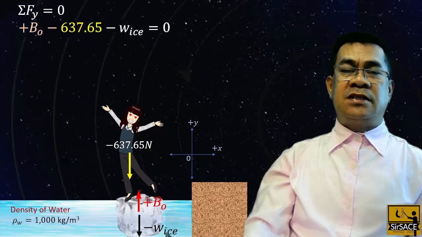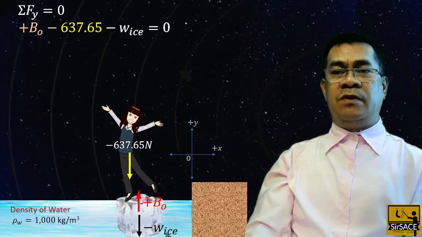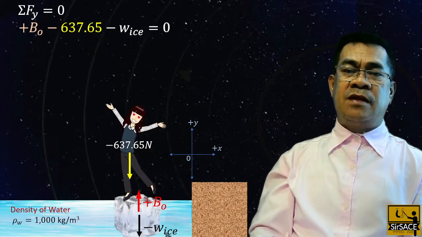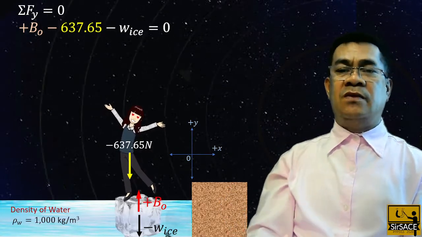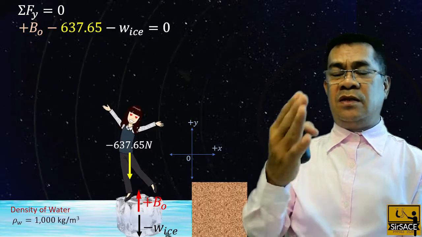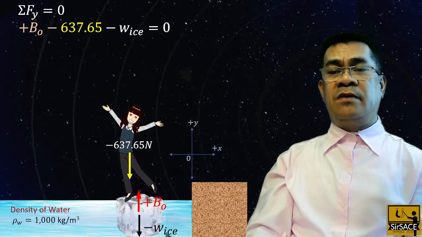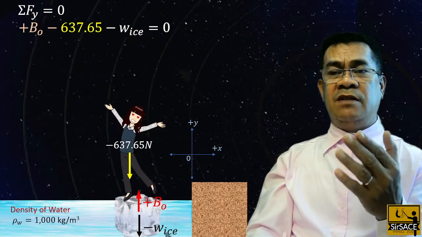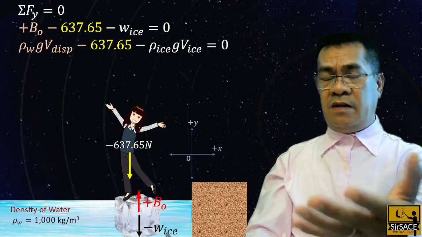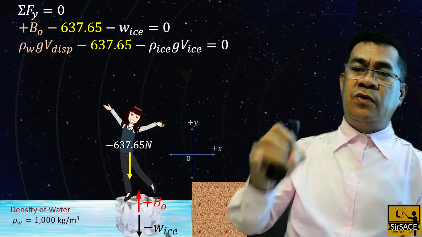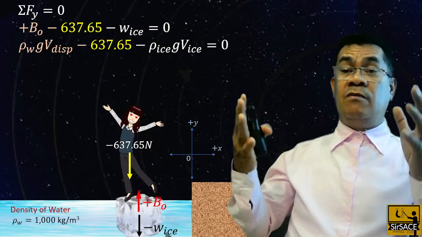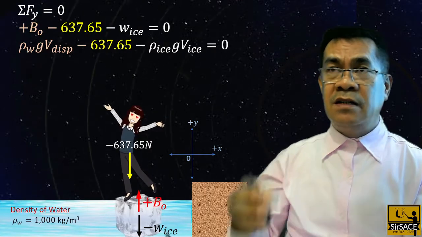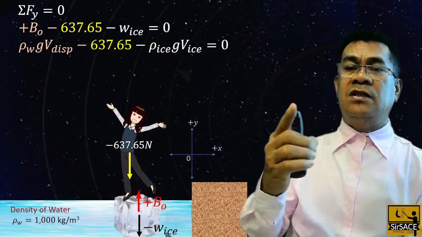So in that case, we can transpose. Remember, we don't know how much the buoyant force is, and what the weight of the ice is. We only know the weight of the woman. So, algebra, transpose that to the right side. Remember that the buoyant force, in our Archimedes principle, is the weight of the fluid displaced.